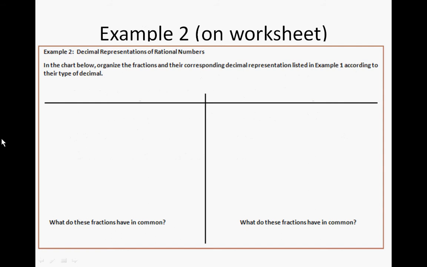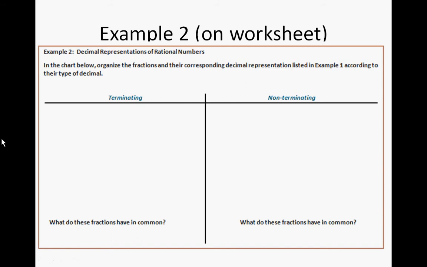All right, so let's go to example 2 on your worksheet. In the chart below, you're going to organize the fractions that you just did in example 1 and their corresponding decimal representation according to their types of decimals. So what types of decimals do we have? Well, we have terminating and non-terminating, so that should be the headings to your T-chart.